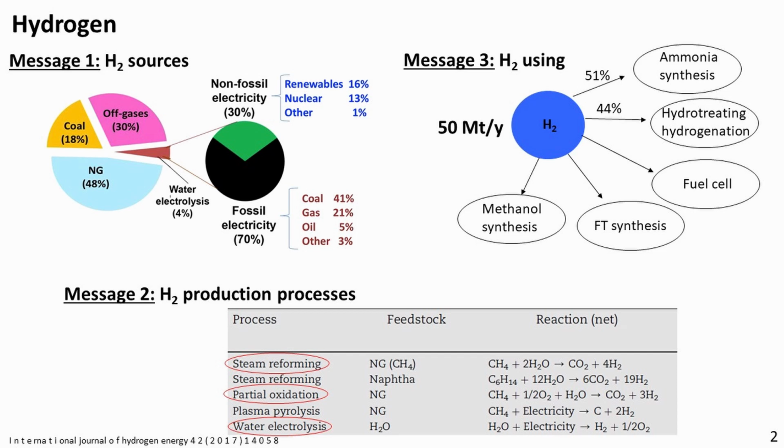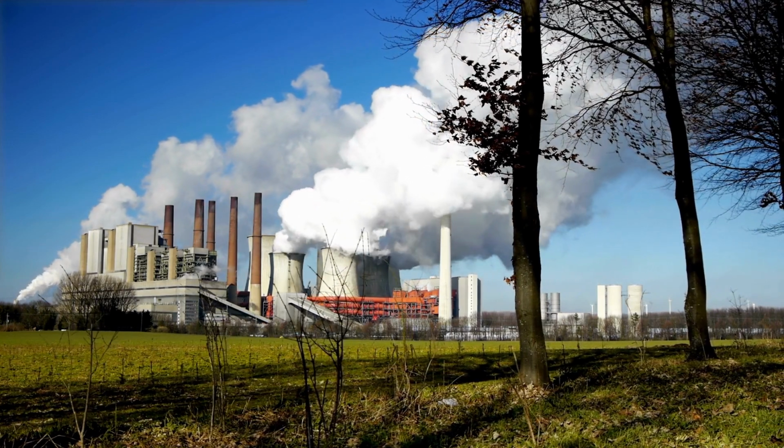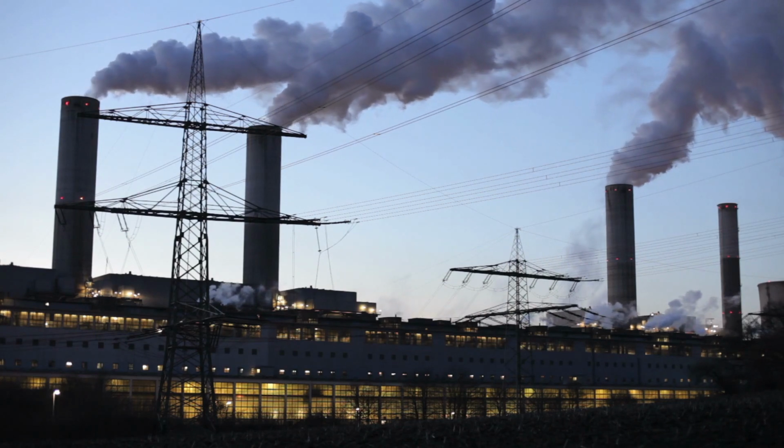Also, water electrolysis and other electricity-driven hydrogen production processes do not directly utilize fossil fuel as a chemical feedstock. One should take into consideration that globally about 70% of electricity generation relies on combustion of fossil fuel.